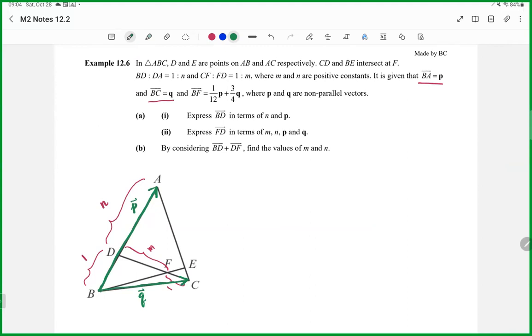Anyway, we're going to use BF right now because expressing BF is way later. And then can we express BD? Can we express FD? And then can we find out M and N?